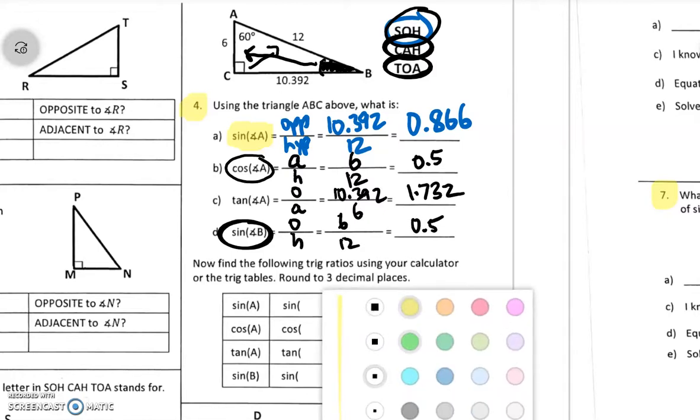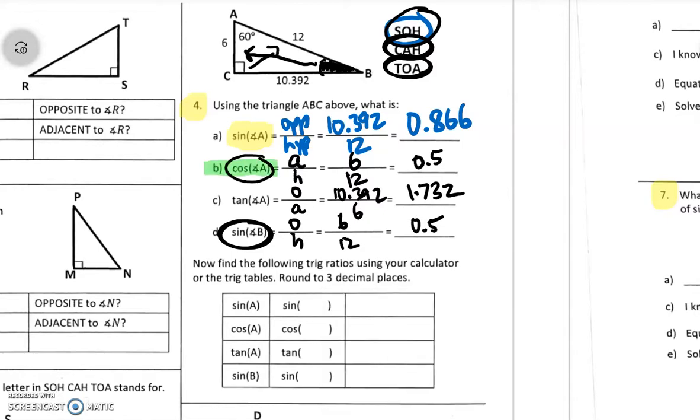I want you to see that the cosine of one acute angle is equal to the sine of the other acute angle, because the only difference is opposite and adjacent, right? Well, they switch based on the acute angle in which we are referencing.